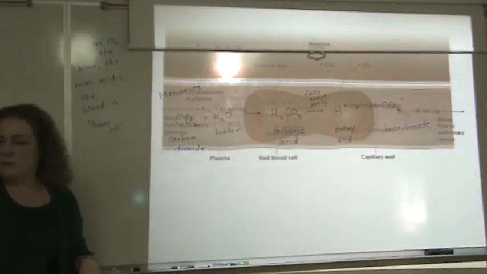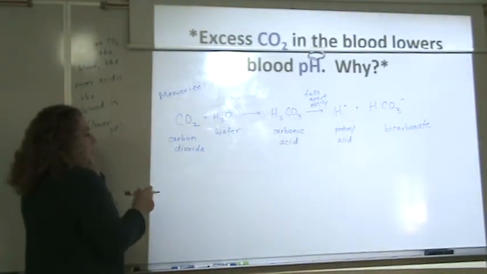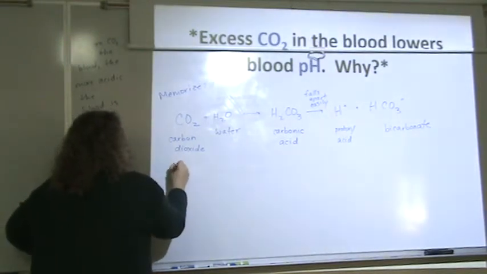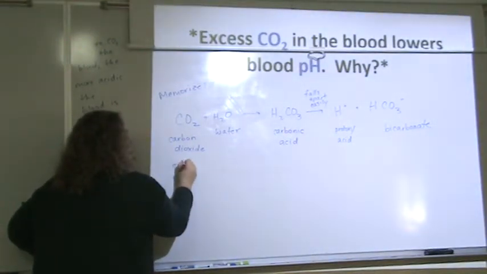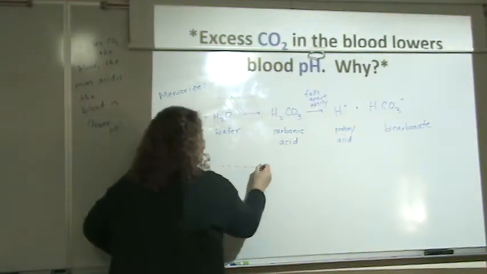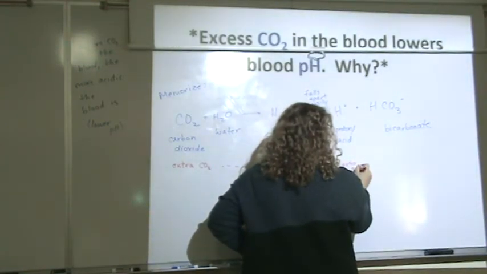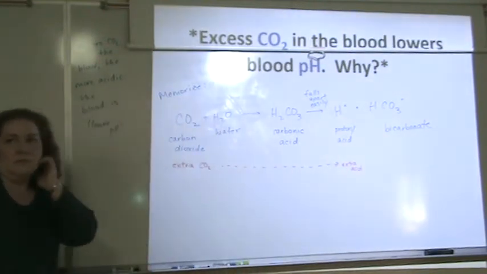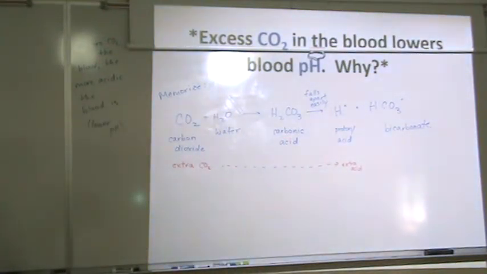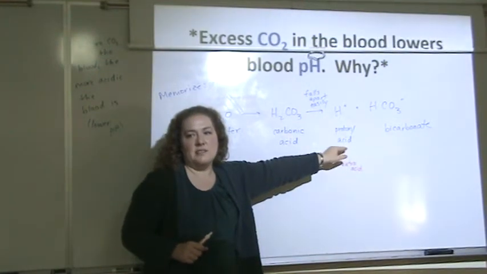Okay, make a note now on the slide. If you have extra CO2 in the blood, it reacts with water. It's going to lead to extra acid. This is the physiological acid right here.